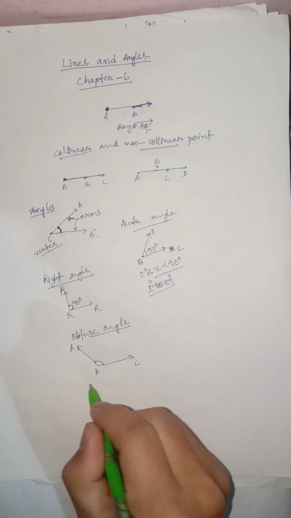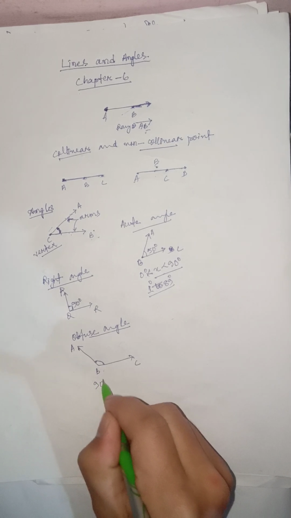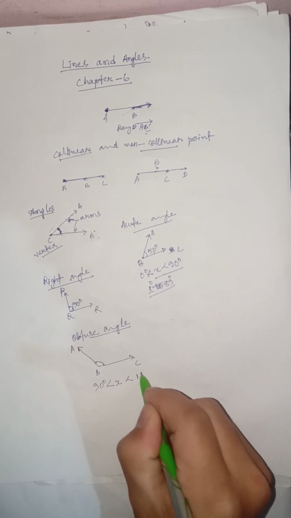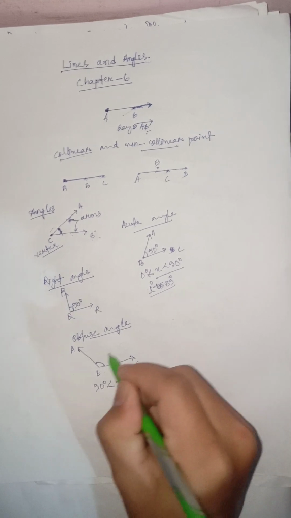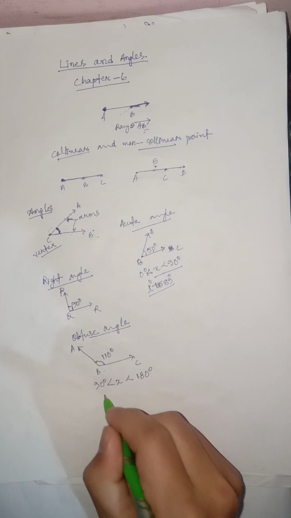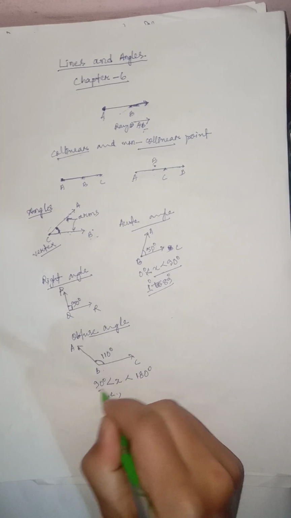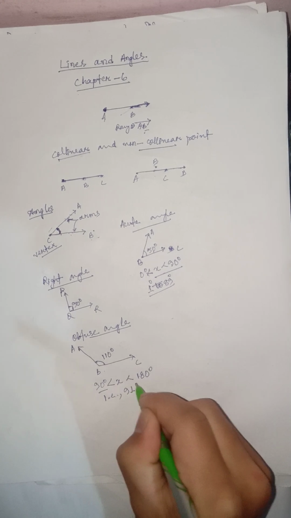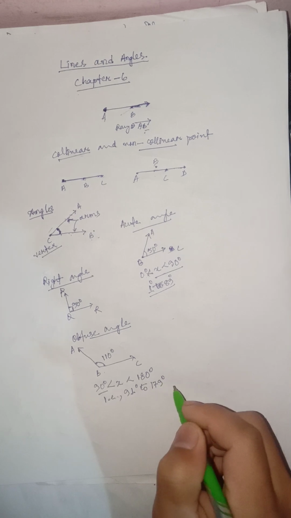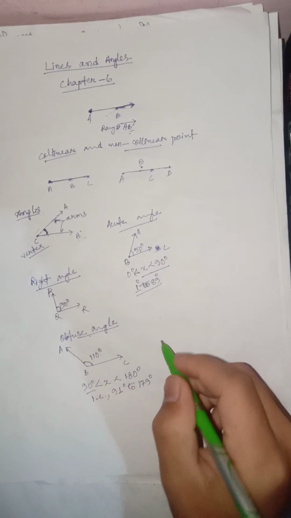But in case of this, it should be greater than 90 degrees but less than 180 degrees. Such kind of angles we call obtuse angles. It means from 91 degrees to 179 degrees, all these angles are included in obtuse angle.